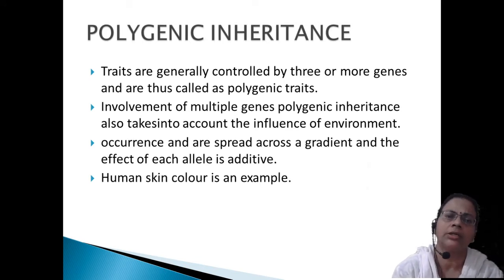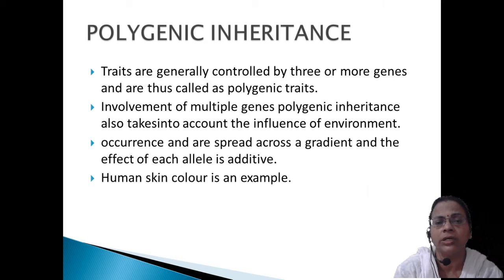The skin color in human beings is controlled by 3 pairs of genes, that is capital A, capital A, capital B, capital B, capital C, capital C. If a person has all 6 dominant alleles, that person will be completely dark. And if all 6 alleles are recessive, they will be very fair. Each allele will produce a particular amount of melanin.